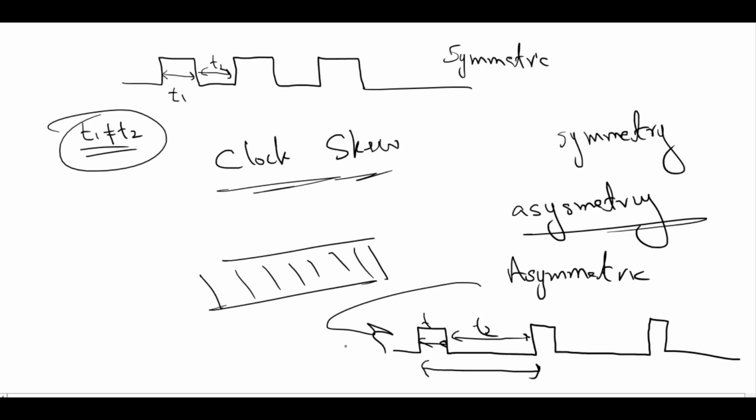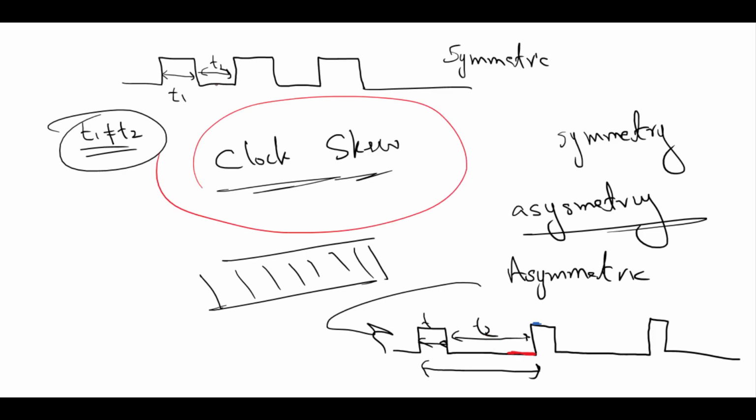So in sequential circuits, you can apply asymmetric clocks to meet hold time and setup time constraints. It will be easy for you if you apply asymmetric clocks to your sequential circuits. You can avoid timing violations because it gives you a convenience to adjust your hold time and setup time, and it can also meet the requirement of clock skew.